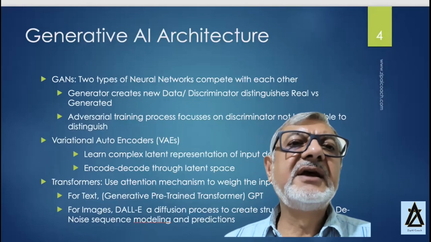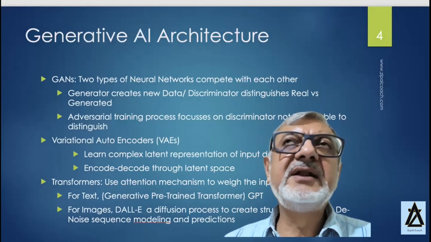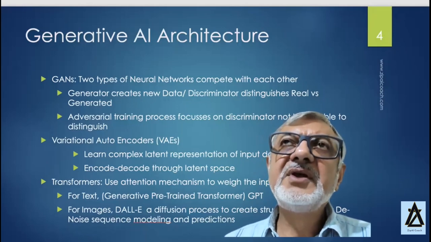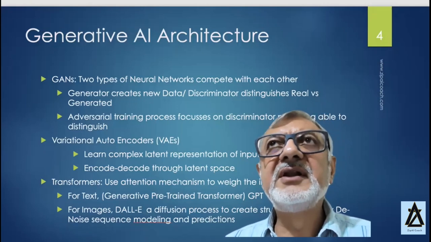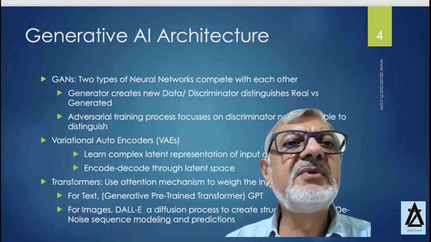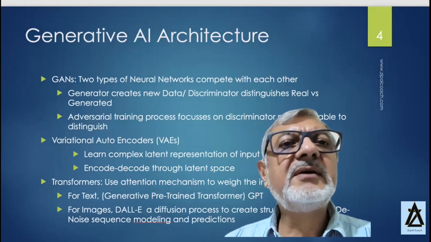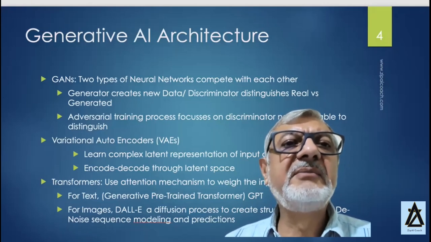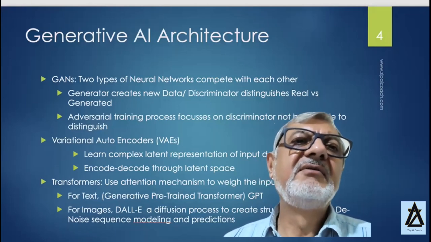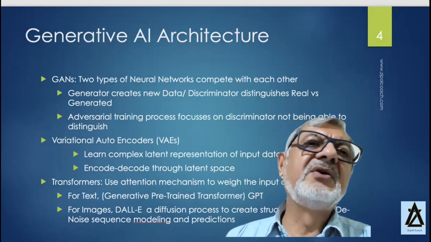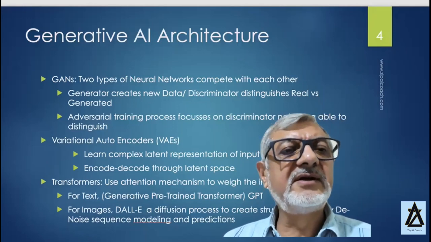So there is an iteration happening, and it's able to create data which is as near to the real world context as possible. So the discriminator cannot distinguish whether the data generated is real or artificially generated.